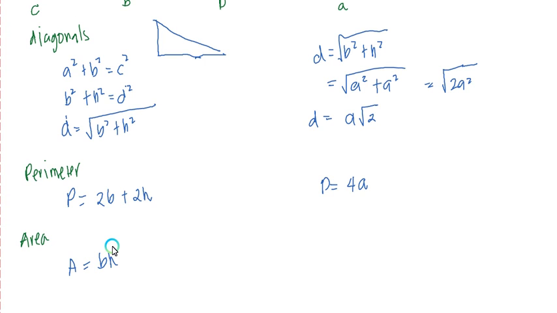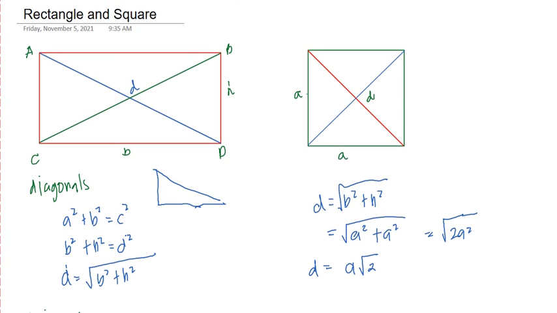For the area of the square, it is the same, base times height, but the base and height are equal. So the area of the square will be equal to a squared, wherein a is the length of one side of the square. Okay, these are the important formulas if we talk about the rectangle and the square. For the next discussion video, we will consider the different formulas for the rhombus, trapezoid, and trapezium. Okay, thank you, stay safe, God bless.